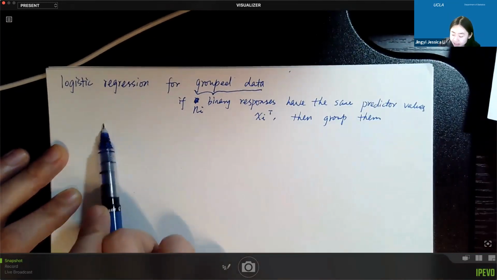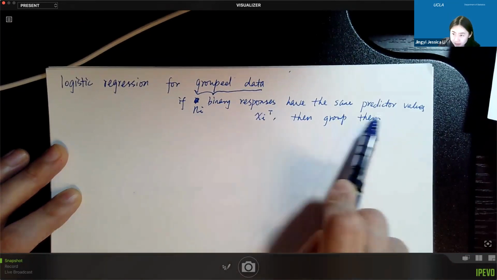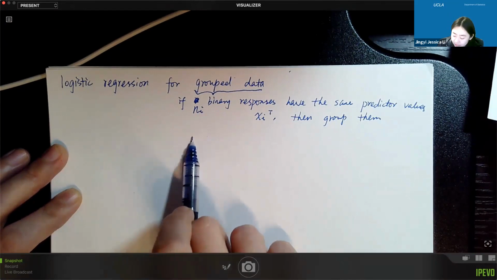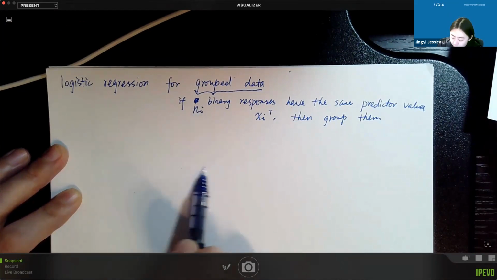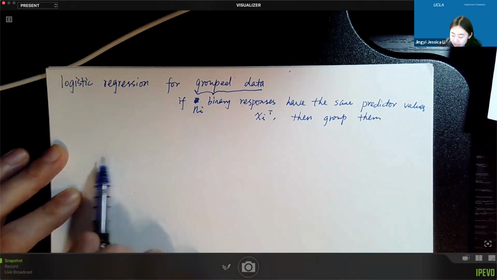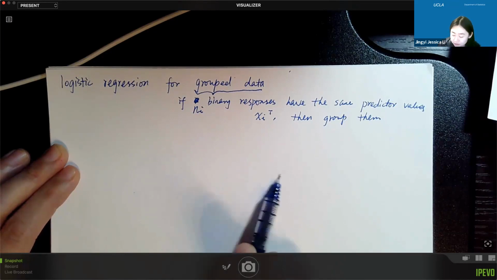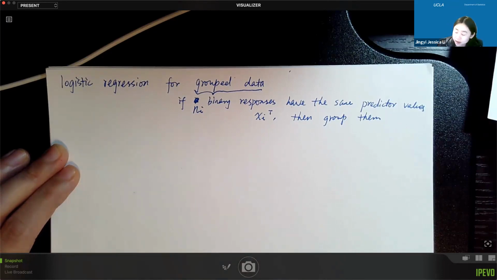If I have Ni people sharing the same predictor values, same age, same gender, same education level, then I group them into one group, because in the design matrix these people will share the same rows. It's not really meaningful or effective to keep those identical rows, right?